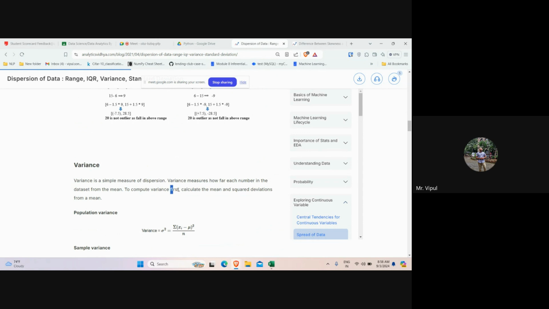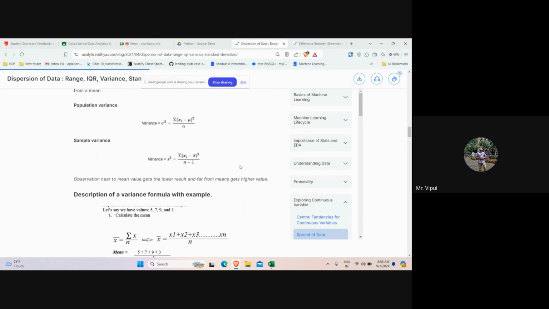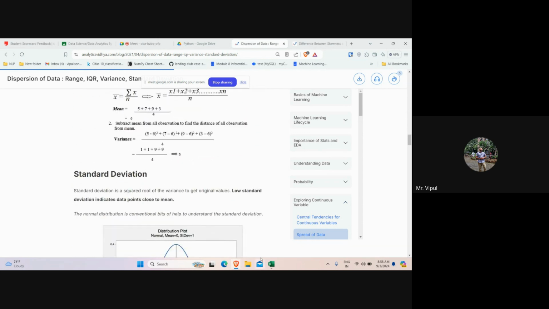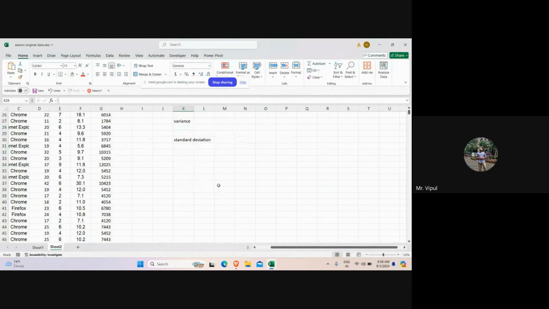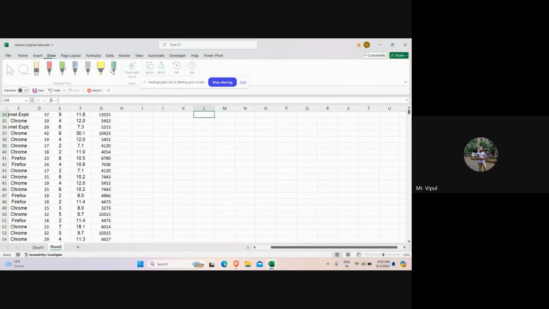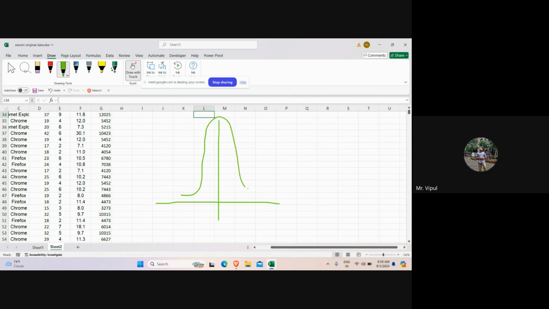To compute variance, first we have to use this formula. Suppose you calculate the variance. What is the meaning of variance? Average squared distance of data points with respect to the mean, right?